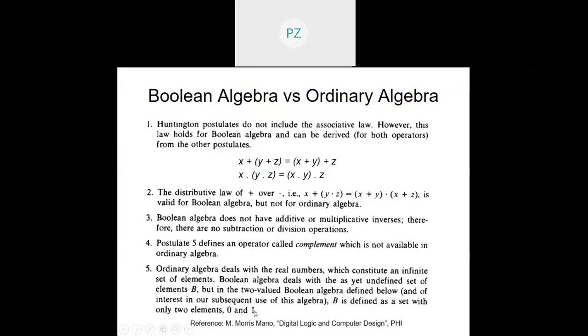So it is a finite set that Boolean algebra deals with, and in fact this is a two-valued set on which it operates, whereas ordinary algebra deals with infinite real numbers. So these are the basic points of departure or difference of Boolean algebra from ordinary algebra.